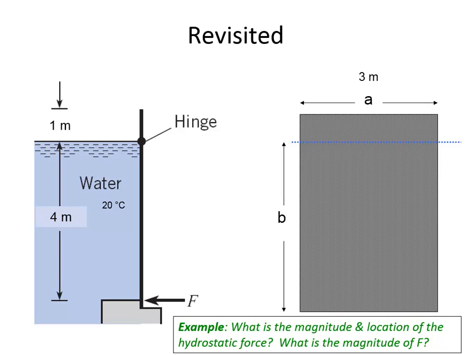P bar is the pressure at the centroid. And F is the hydrostatic force. All right, so I'm going to be quiet now. You calculate and find each of those.